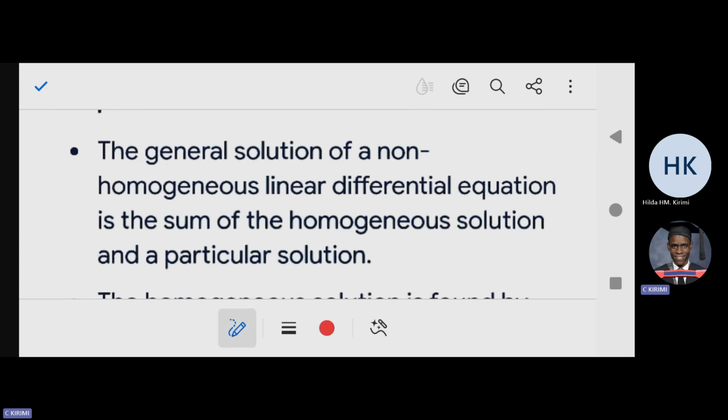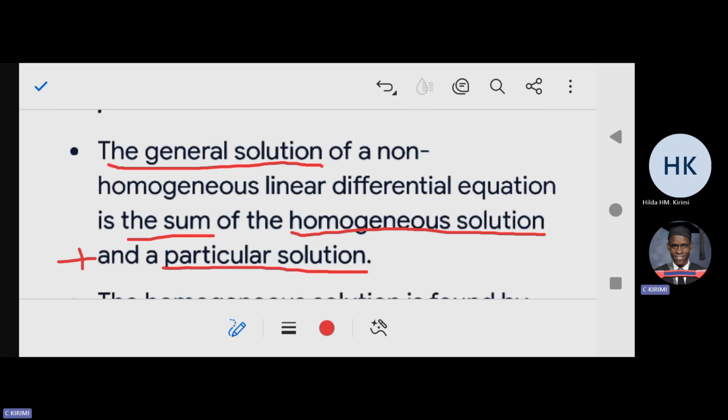What do they mean by this? It means the general solution to our differential equation is a sum of two equations: we are going to have a homogeneous solution plus the particular solution.